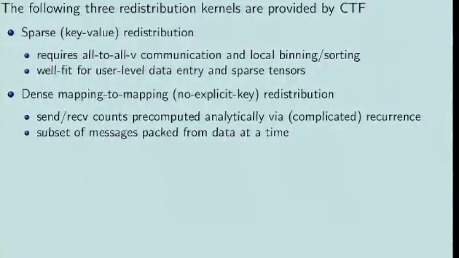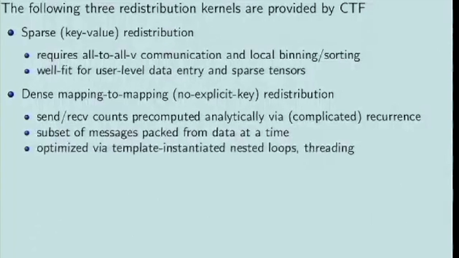and this has saved us quite a bit of cost. Then we essentially pack subsets of the messages that correspond to the messages defined by the dimension of the tensor that moves most slowly. And then try to also optimize that in more manual ways by nested loops that are template instantiated, and threading.